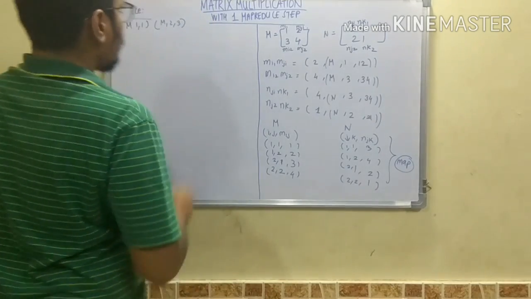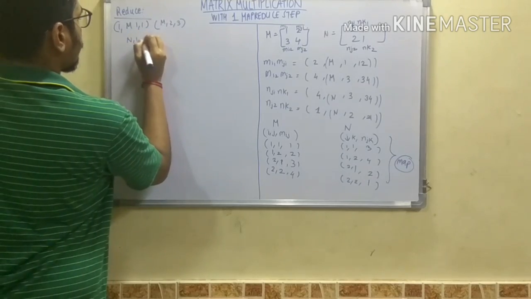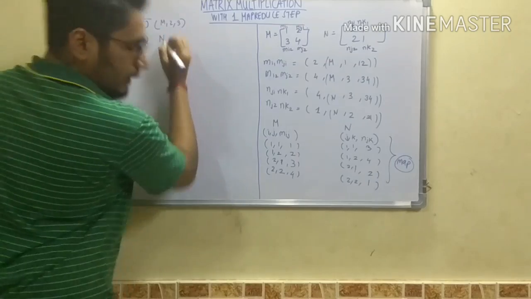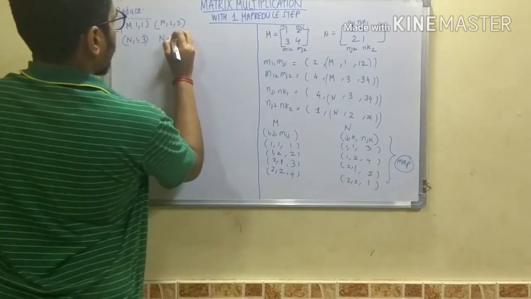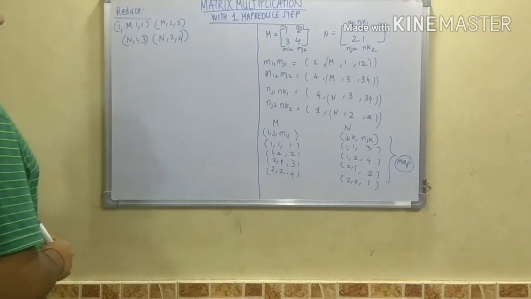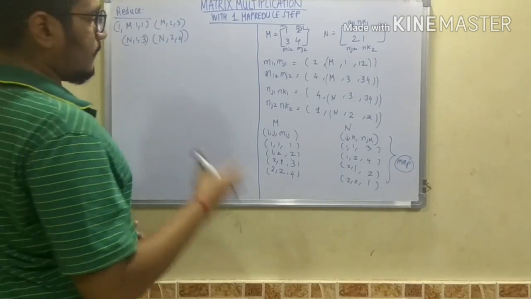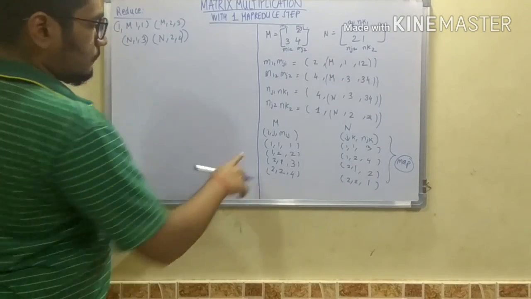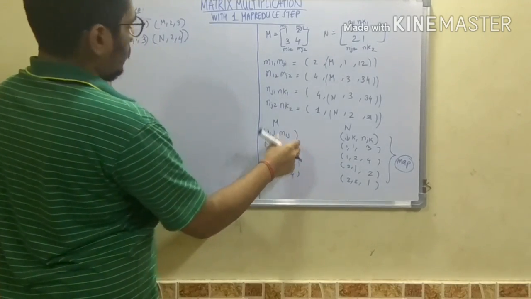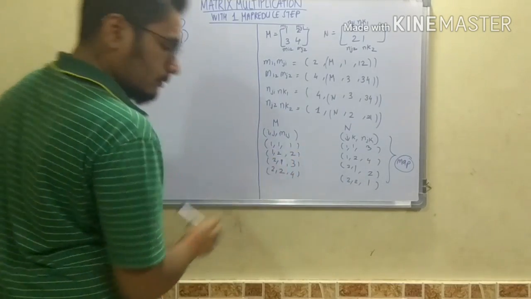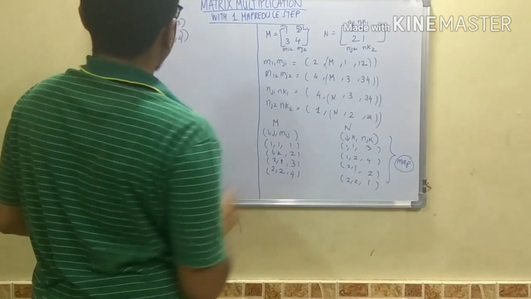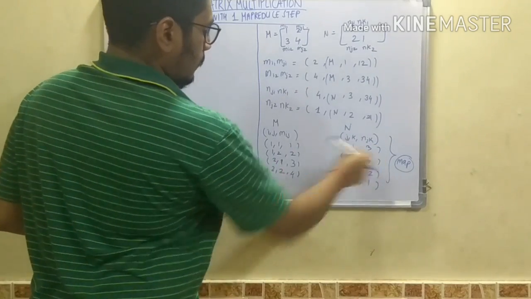Next we have N1,3. Next we have N2,4. So basically it is written in this way: the first denotes this element 1 1, next is this 2 2, next is the 1 3 from here, and next is the 2 4 from this place.